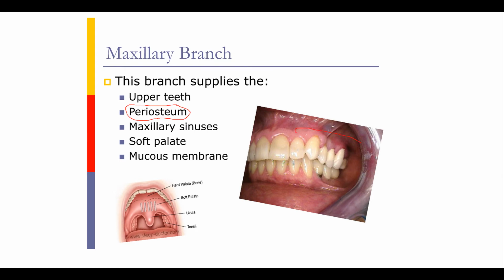So all of these tissues up here around the bone. It also provides sensation to the maxillary sinuses, the soft palate, as you can see here, and we talked about that last week, and the mucous membranes, again, the lining of the oral cavity around the upper arch.